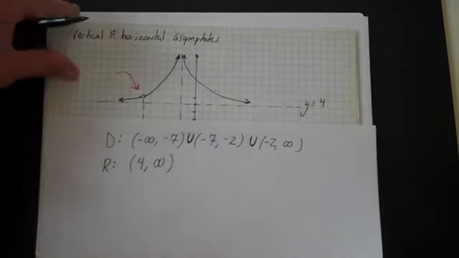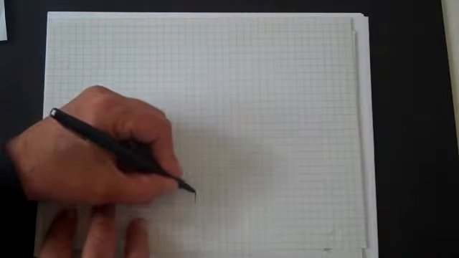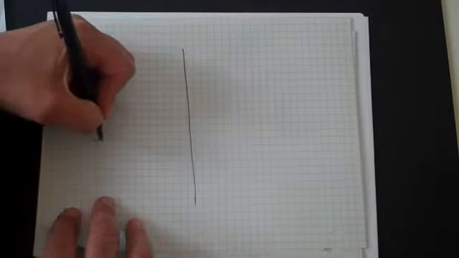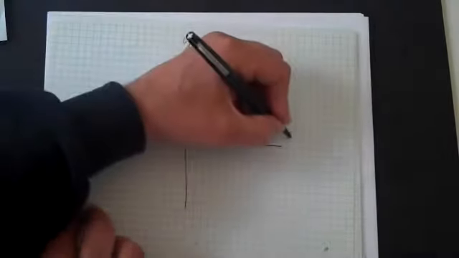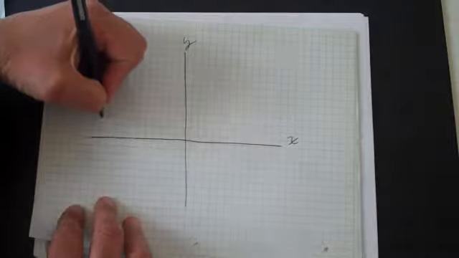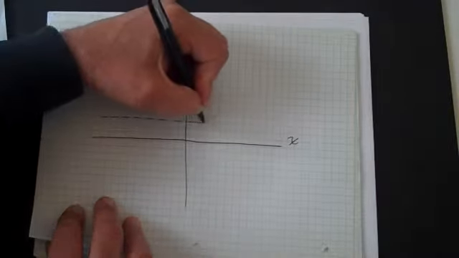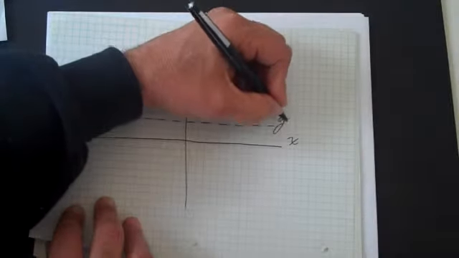Let's do another quick example. Let's do one in which here's your y axis and here's your x axis. Let's have a horizontal asymptote at y equals 2.